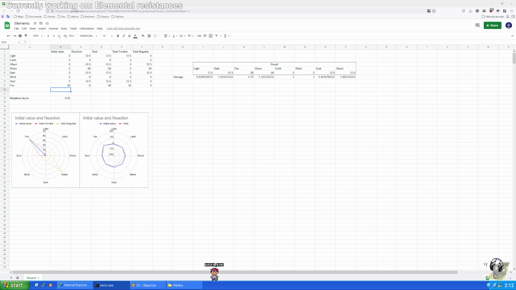So if we just use 50, then it's gonna decrease the damage by 25% or increase the damage by 33%, by a third.